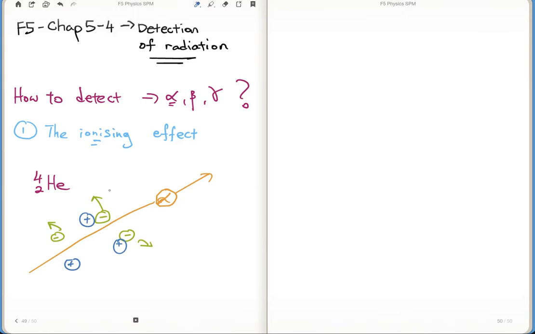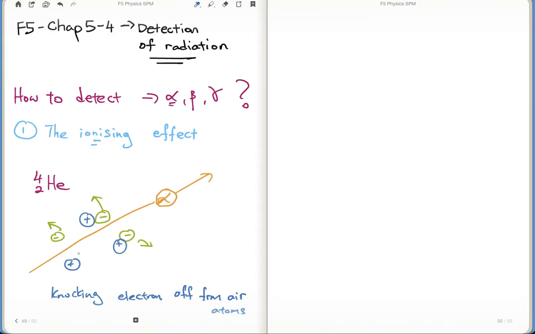Because of this ionizing effect, radiation from a radioactive element causes ionization of the atoms in the air, by knocking electrons off the air atoms.